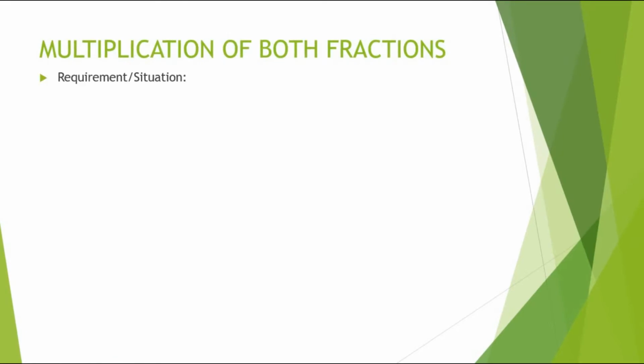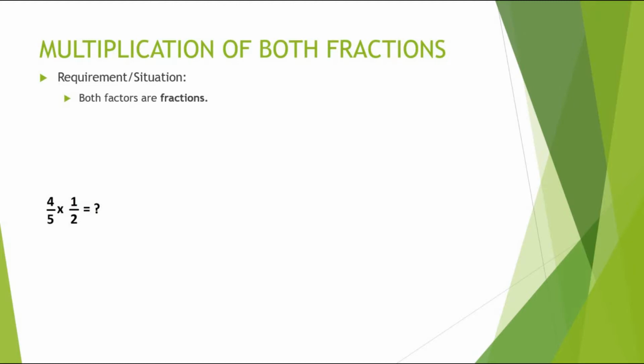Ang ating requirement or situation, we have both factors are fractions. Ano po ba yung factor? Remember, when we are doing multiplication, yung dalawang number na ipag-multiply natin are called factors. So here, both factors are fractions. Example, it is 4 over 5 times 1 over 2.